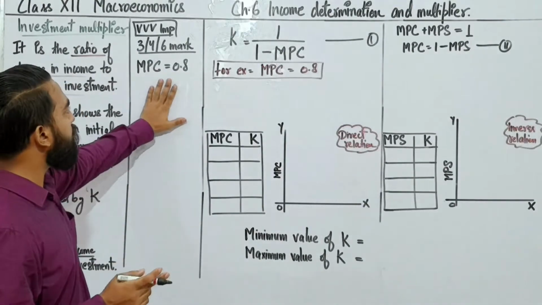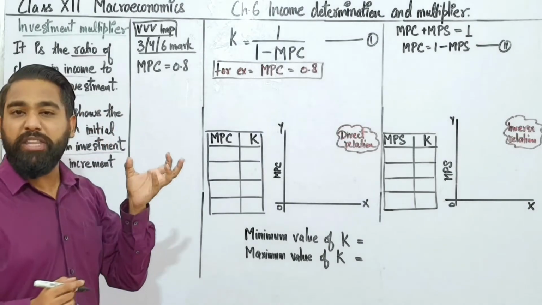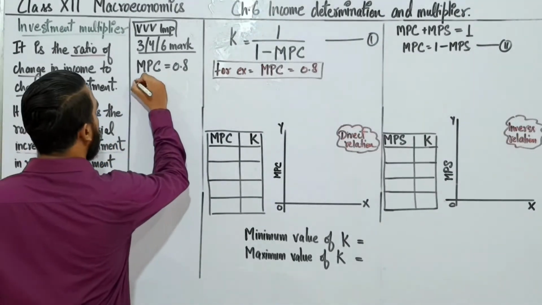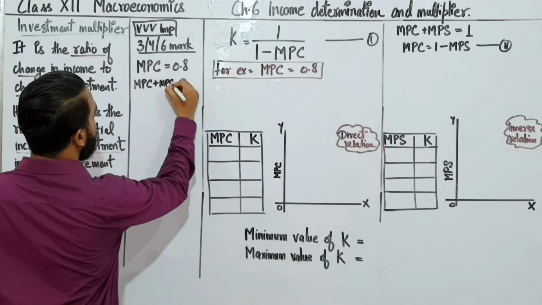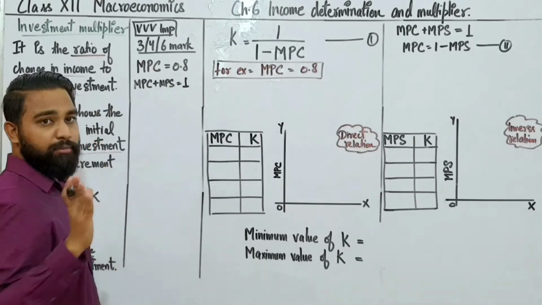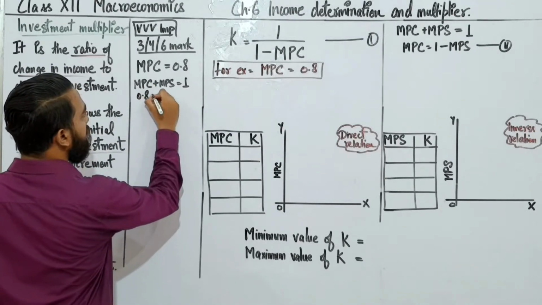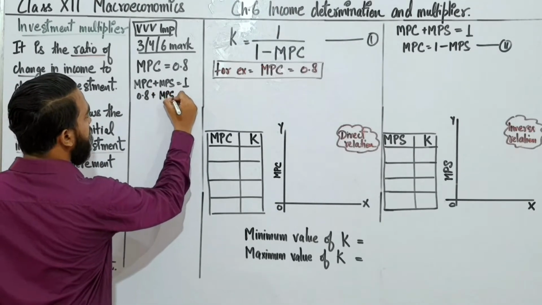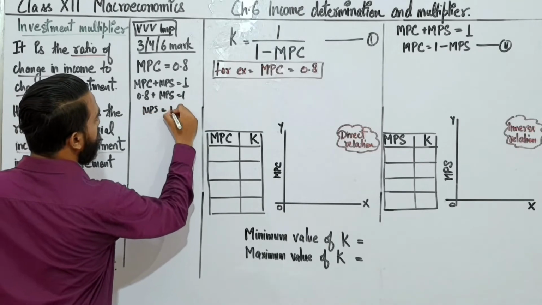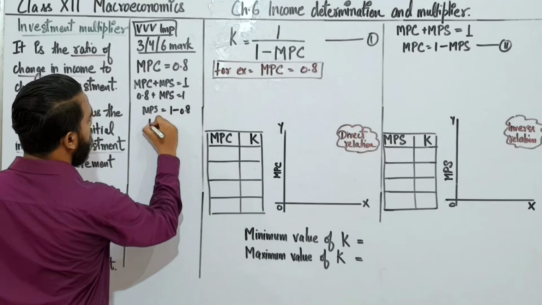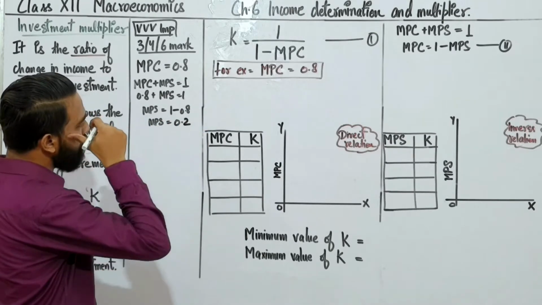Now, what will be the MPS? You already remember the formula, MPC plus MPS is equal to 1. So MPS will be 1 minus 0.8.